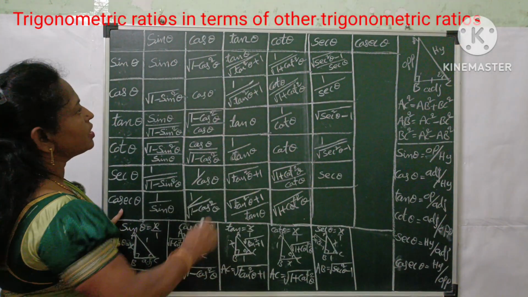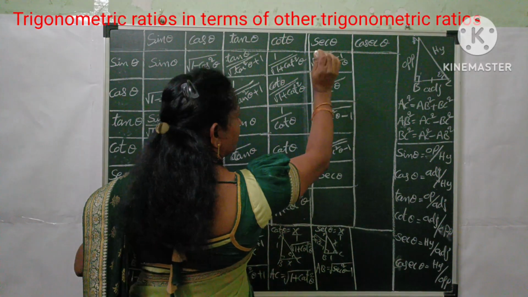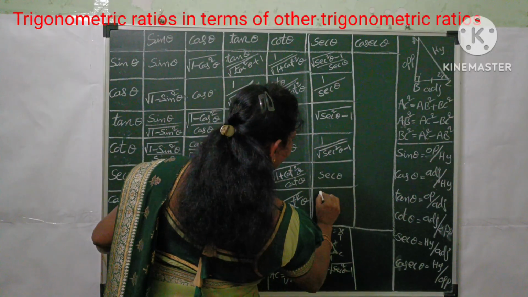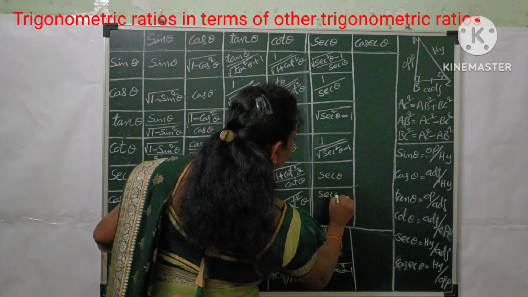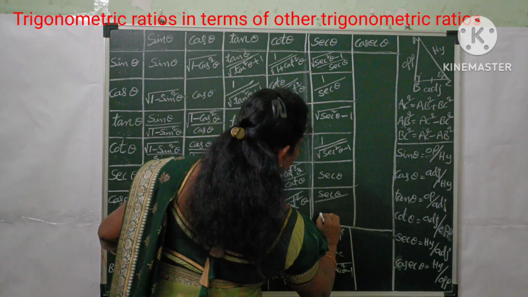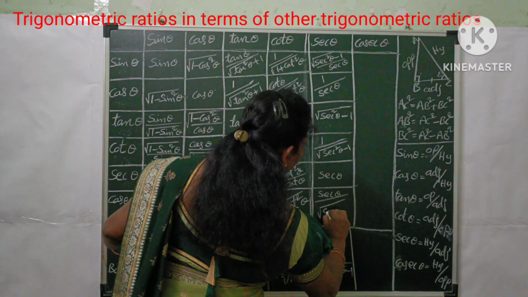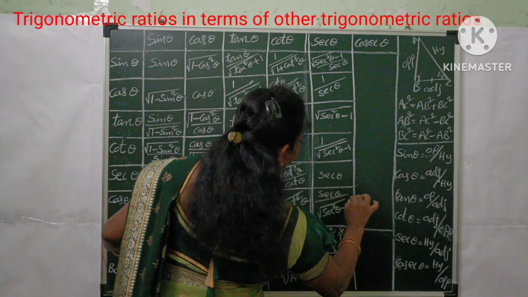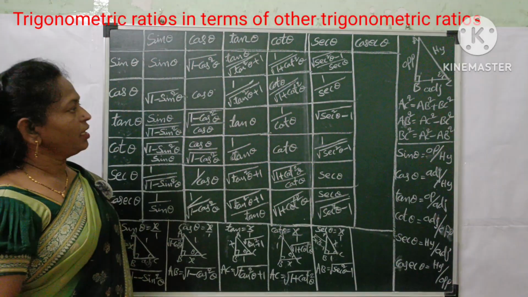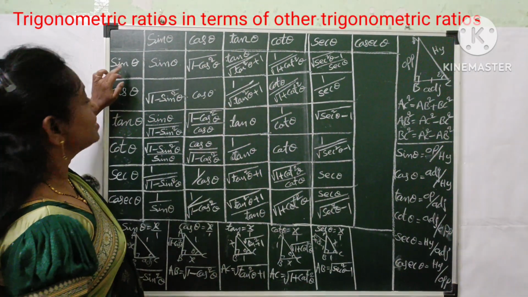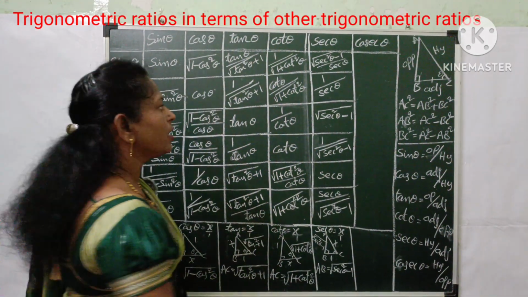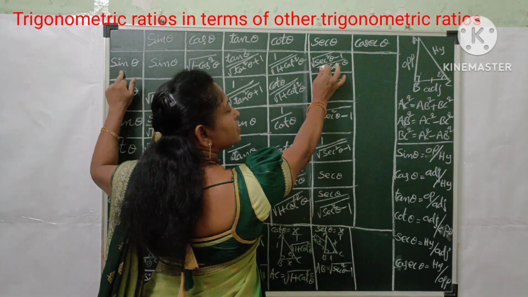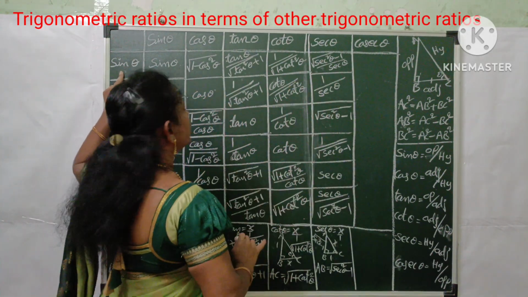Next, cosecant is a reciprocal of sine. So that here, secant theta by square root of secant square theta minus 1. These are in terms of the ratios. Sine in terms of secant theta is square root of secant square theta minus 1 by secant theta.